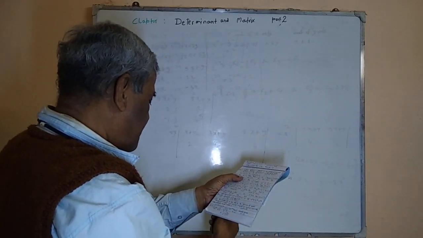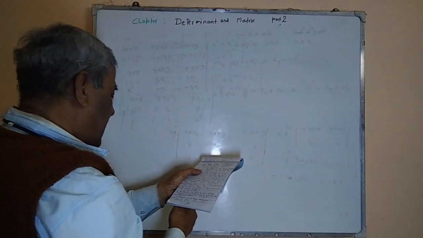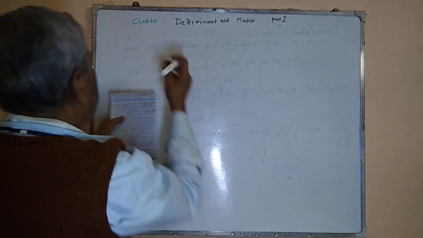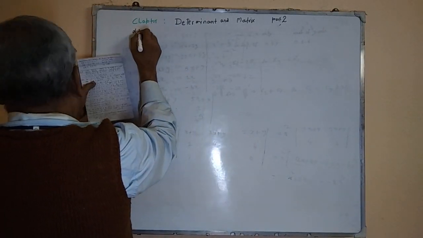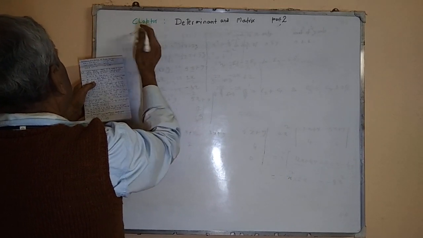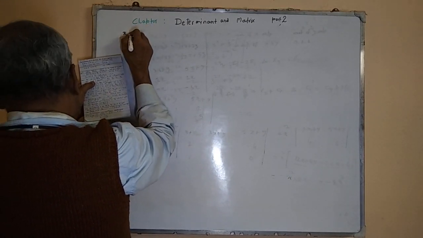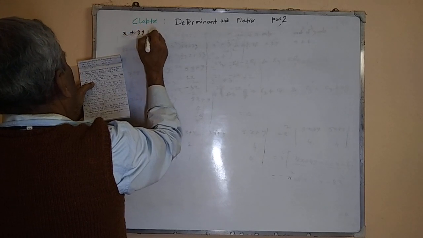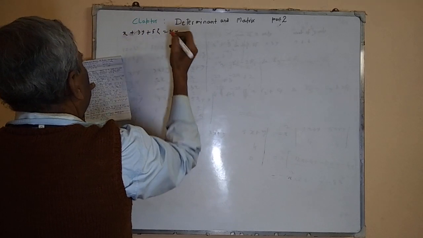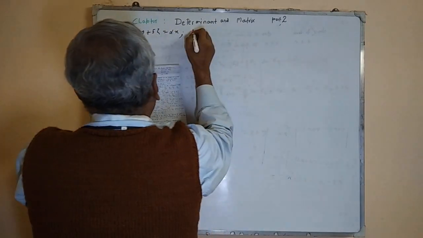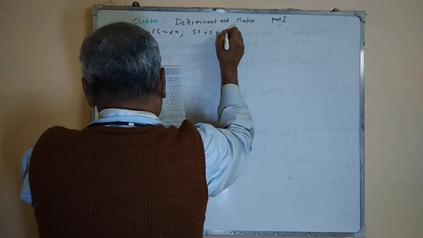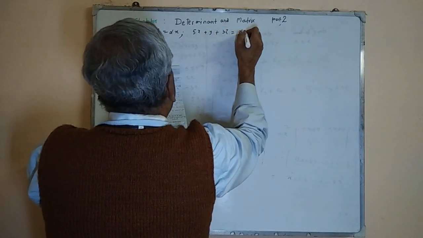Next problem is the value of alpha for which the system of equations x plus 3y plus 5z is equal to alpha x. Second equation is 5x plus y plus 3z is equal to alpha y.